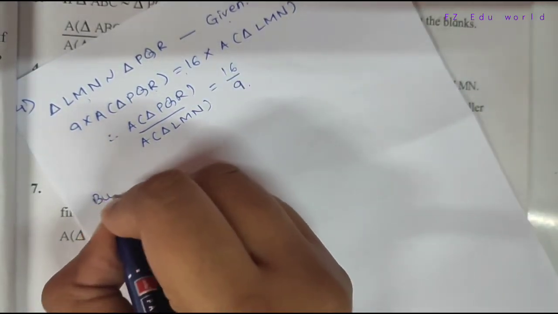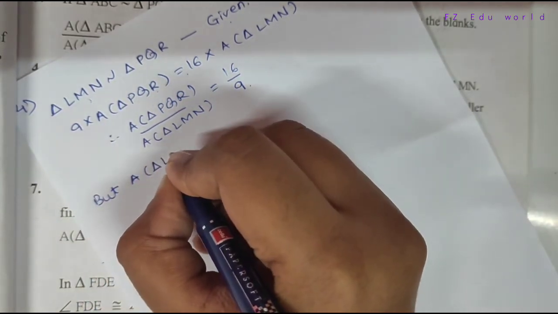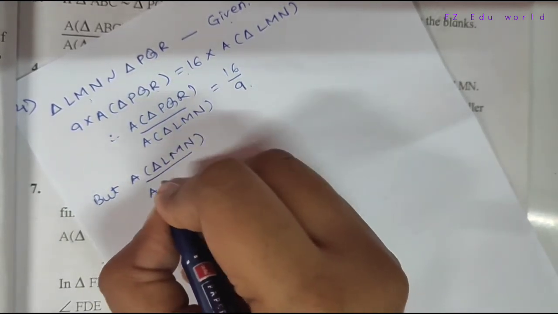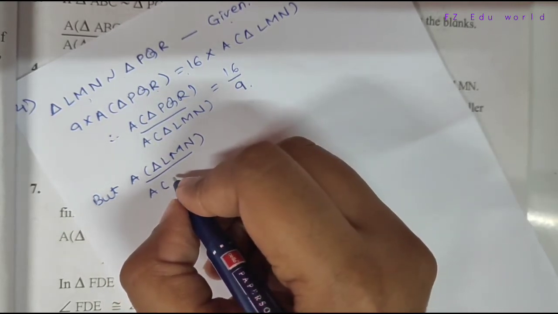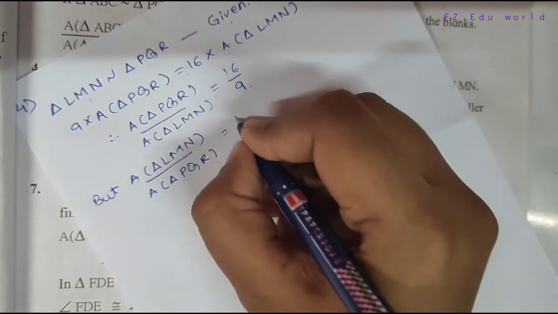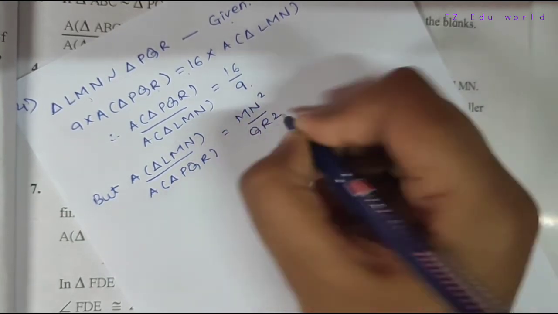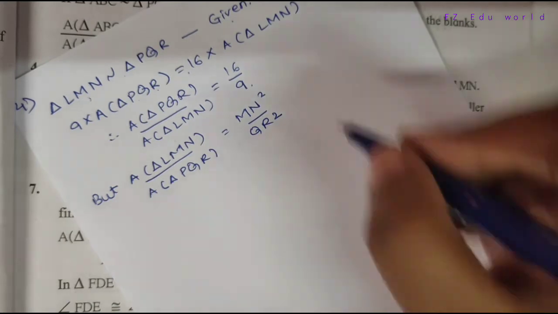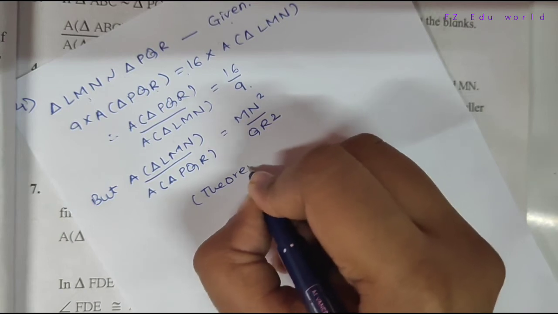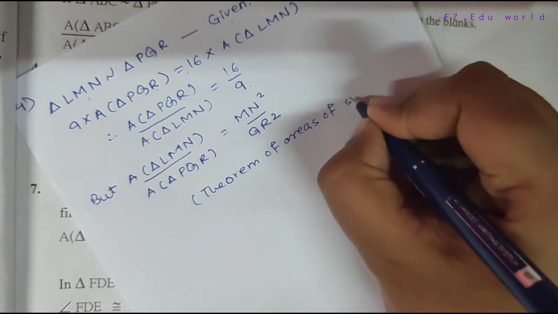But we know that area of triangle LMN upon area of triangle PQR is equal to MN square upon QR square. Why? This is the theorem of areas of similar triangles.